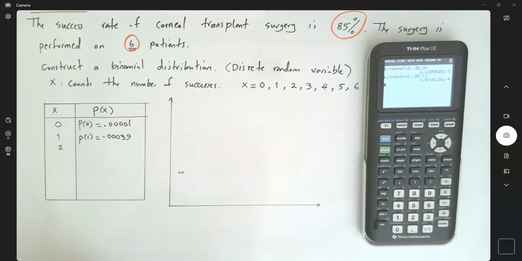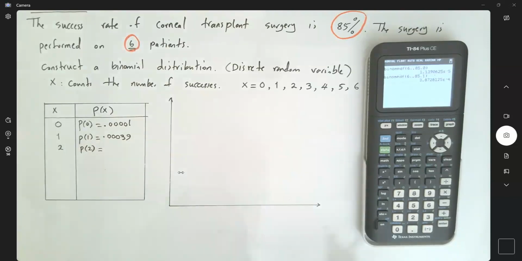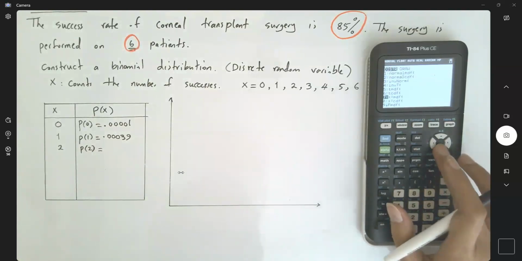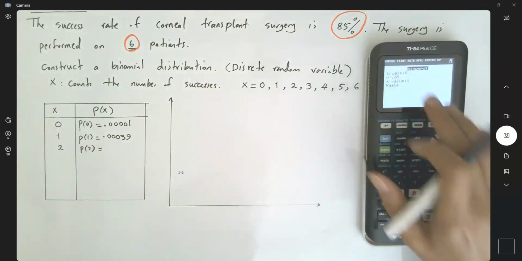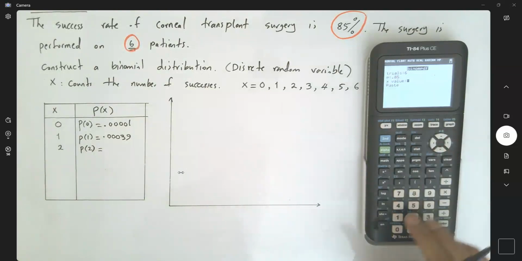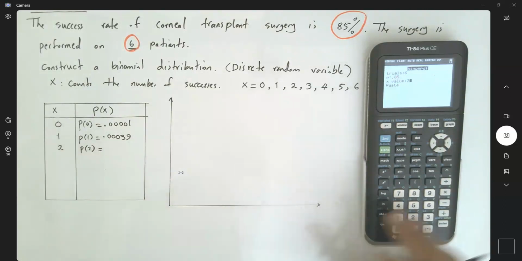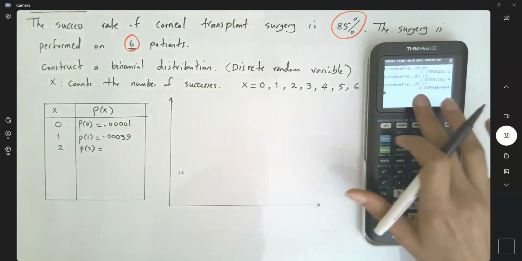Now what if we have 2? You want to know the probability that X is 2. It means that we have 2 successful surgeries. We're going to repeat this process. Second vars, go to binomial PDF. The number of tries is 6. The probability of success is fixed. Now your X is going to be 2 because we are finding 2 successful surgeries. And then this is getting a little bit larger.